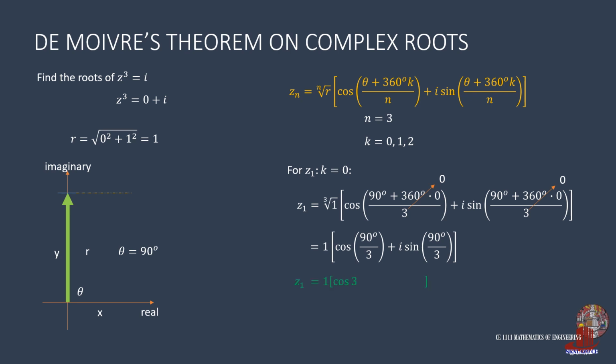This is simplified further as 1 cosine of 30 plus I sine of 30 degrees. Convert this into rectangular form by multiplying 1 with cosine 30 degrees and get root of 3 over 2 plus 1 times sine 30 degrees and get half of I.